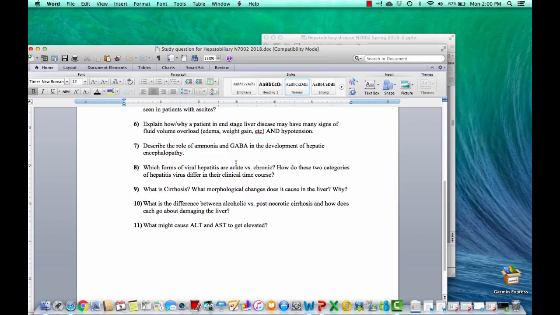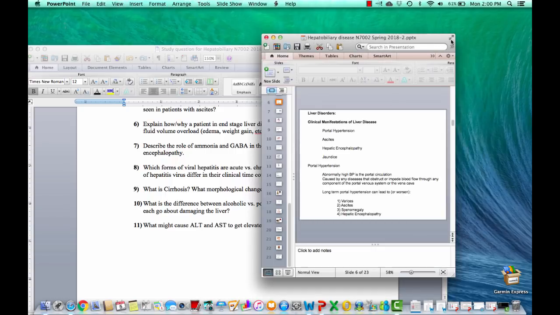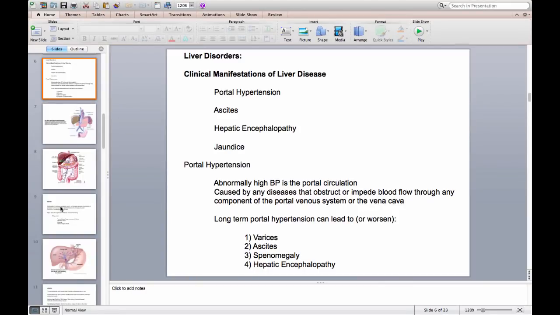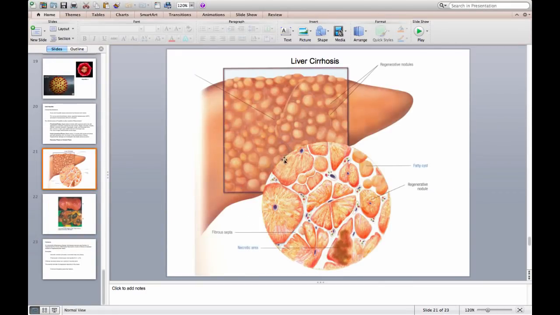And what we end up with is this cirrhotic liver that, if I pull up a picture again, appears, instead of having a nice smooth surface, it now has this highly nodular surface. Sometimes those nodules are small, sometimes they're big.